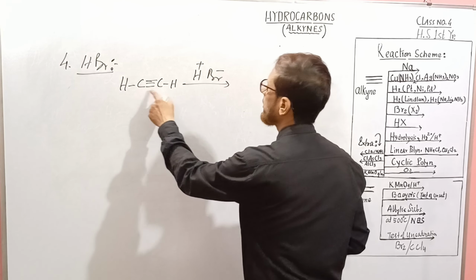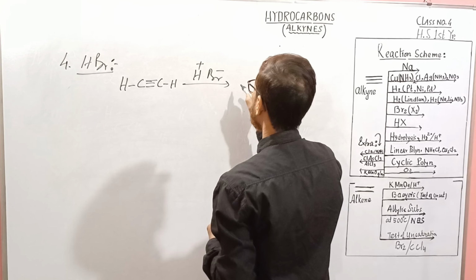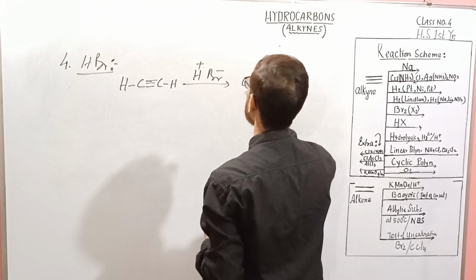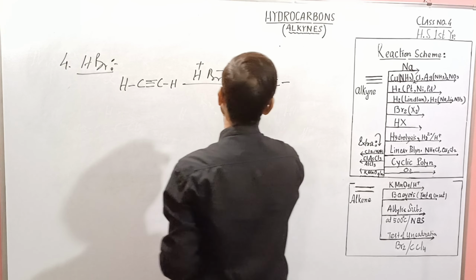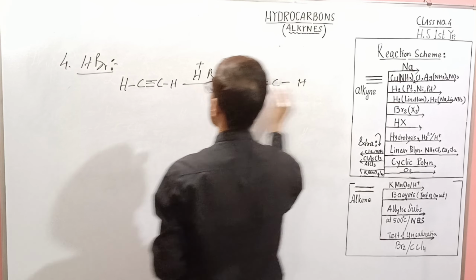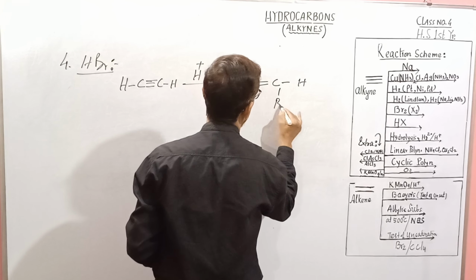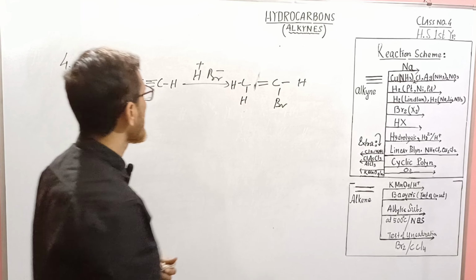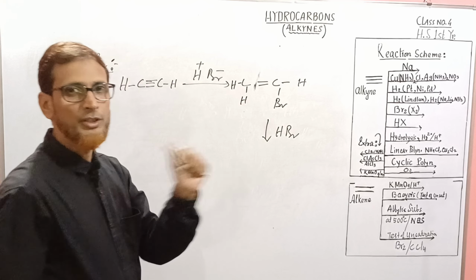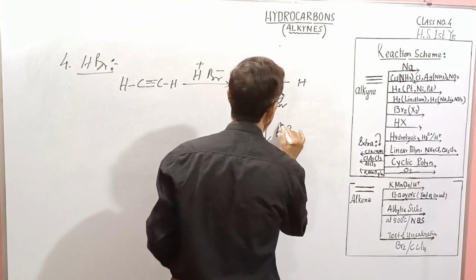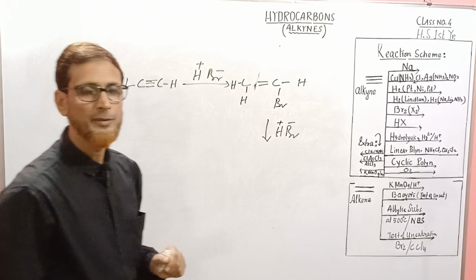Both ends of the double bond carbon have the same number of hydrogens, so it doesn't matter in which place you add H and which place you add Br. This hydrogen was earlier present, and here we will add one hydrogen and here we will add one bromine. Now if you add another bromine, follow minutely here, this is plus and this is minus. In my first class I told you Markovnikov addition. Am I right?